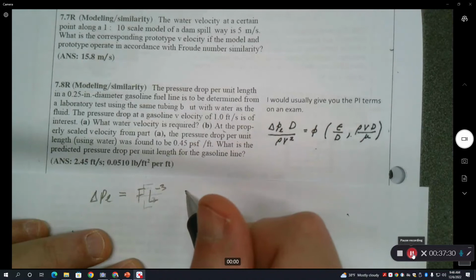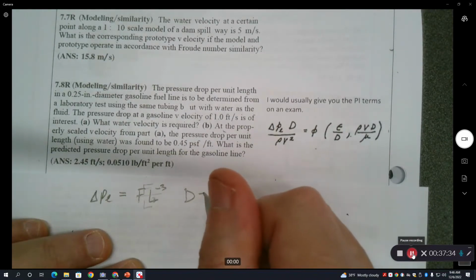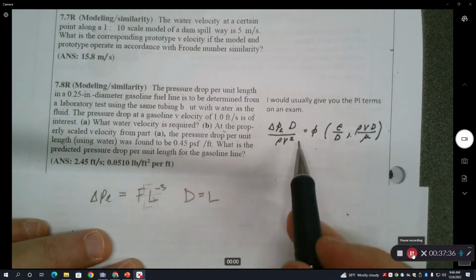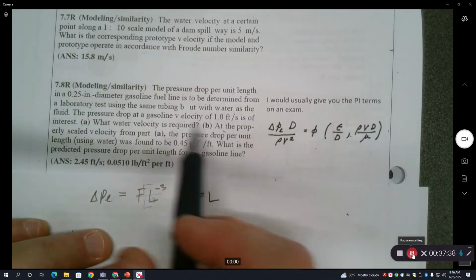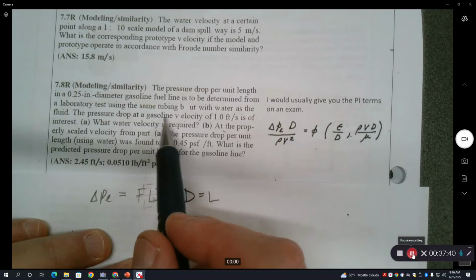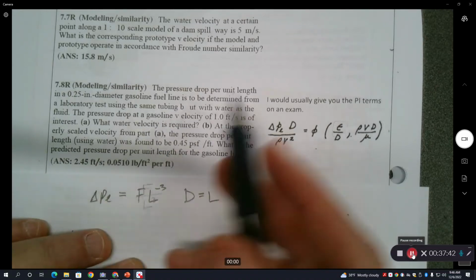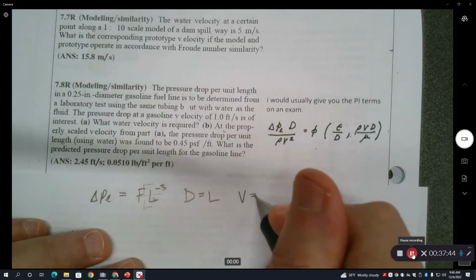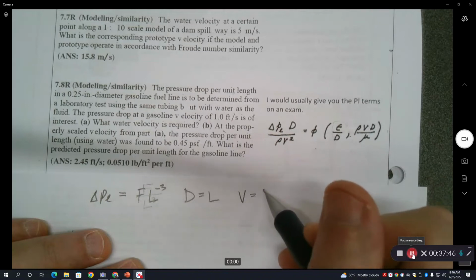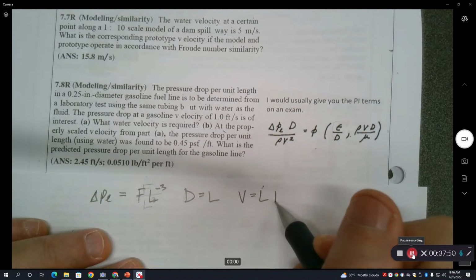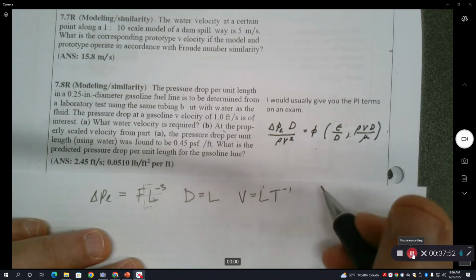Other variables we're going to have: the diameter, which is a length. We can leave off the roughness in there. We know that's going to be true. So we have the velocity. It's definitely going to be related to the problem. So that's going to be LT^-1.